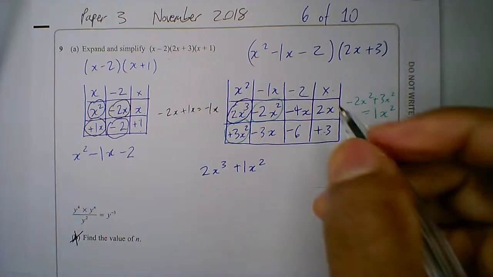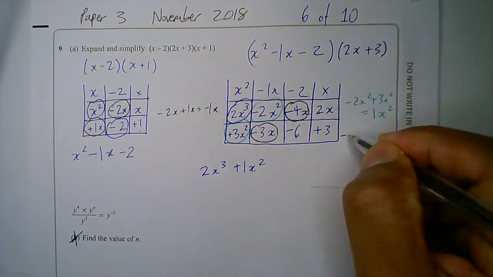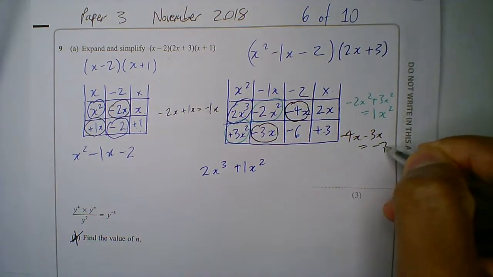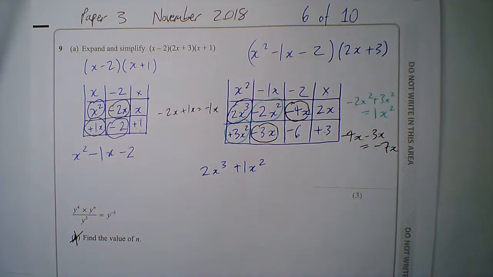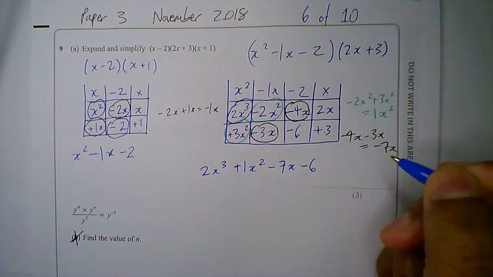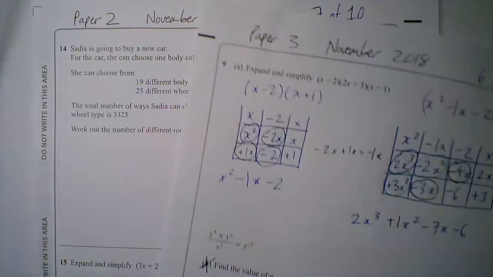And then I've got my next term, which is minus 4x take away 3x. Minus 4x take away 3x gives me minus 7x. And then the last bit here, which is negative 6. And that's my final answer. So well done if you've got the same answer as me. Let's go on to the next question.